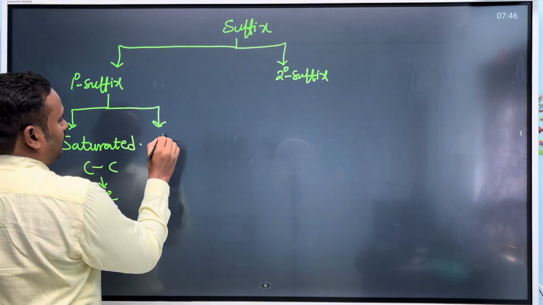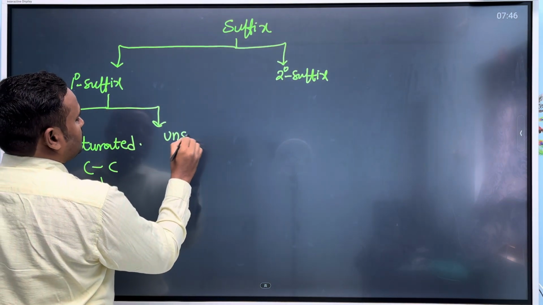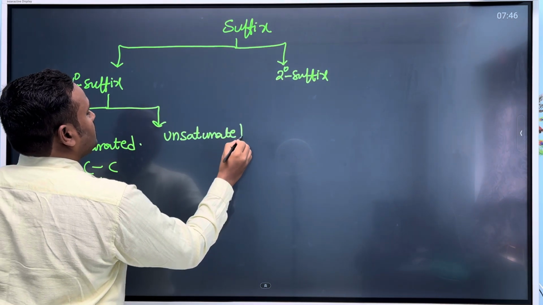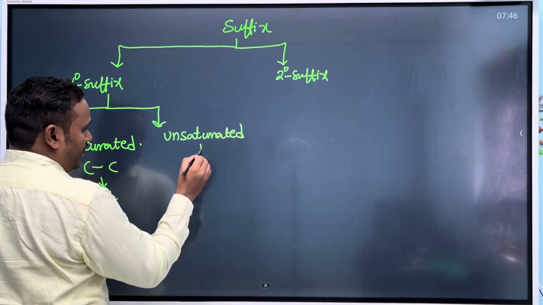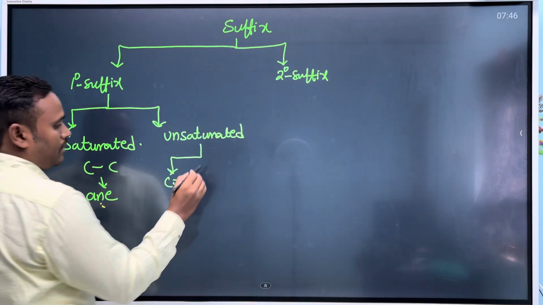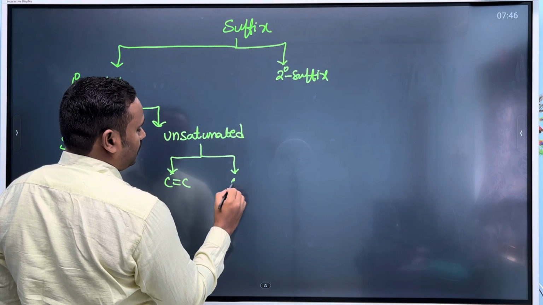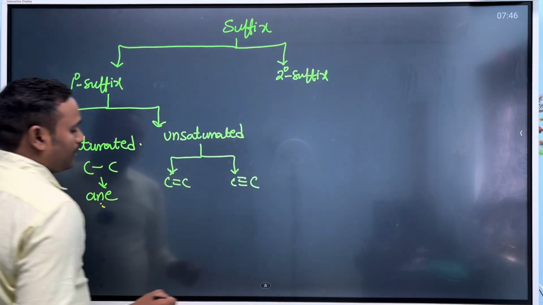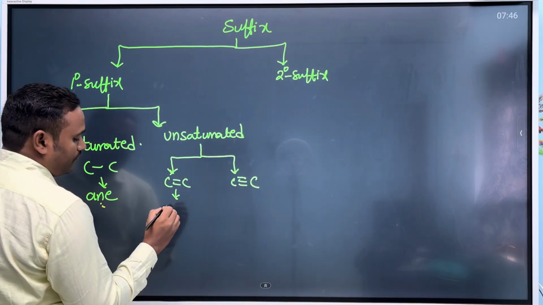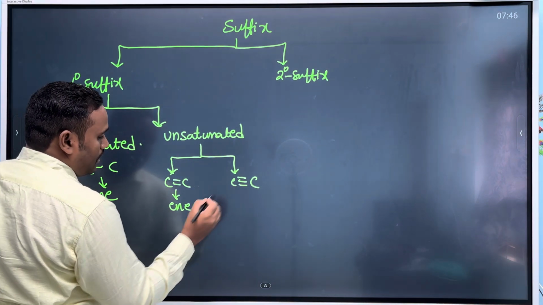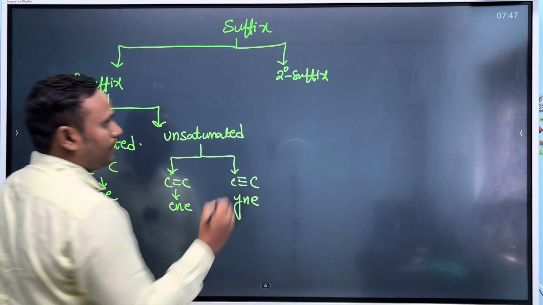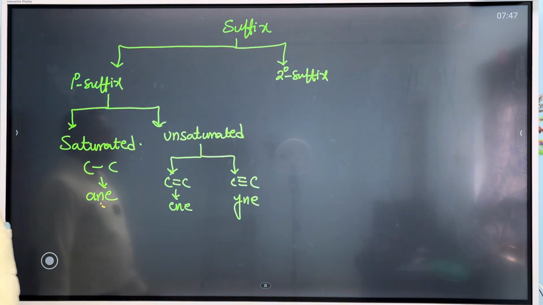And whenever the carbon compound is unsaturated, it may have a carbon-carbon double bond, or it may have a carbon-carbon triple bond. When we have a carbon-carbon double bond, we use ene, and when we have a triple bond we use yne.